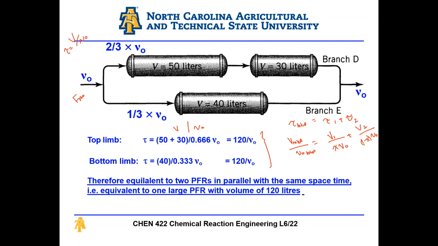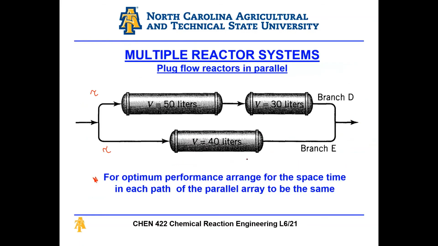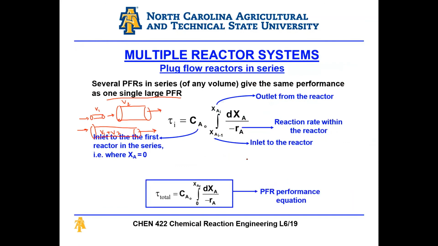And the idea here is that because the space-time here and here are the same, this is equivalent to 2 PFRs in parallel with the same space-time, and 2 PFRs in parallel with the same space-time is equal to one large PFR operating by itself. Okay, so let's just recap PFRs here.